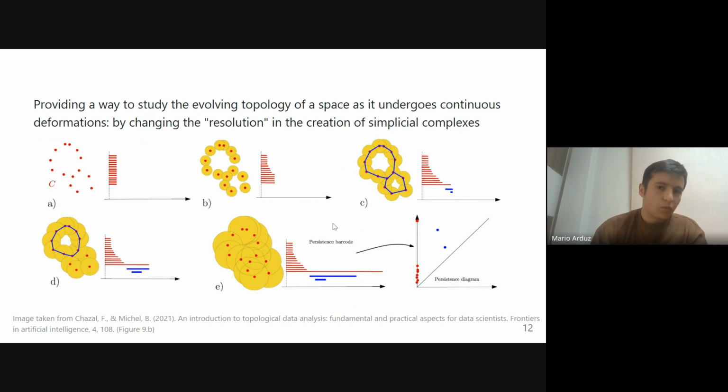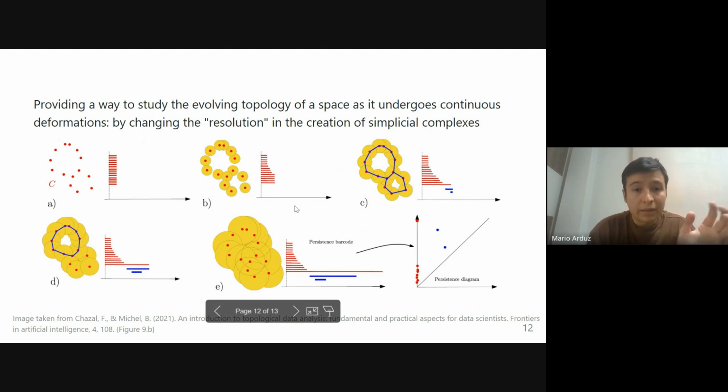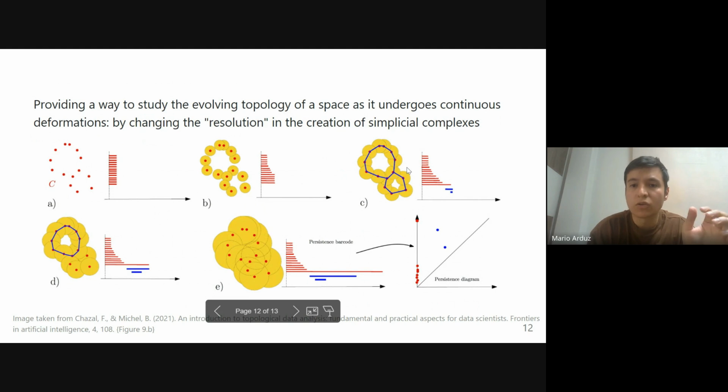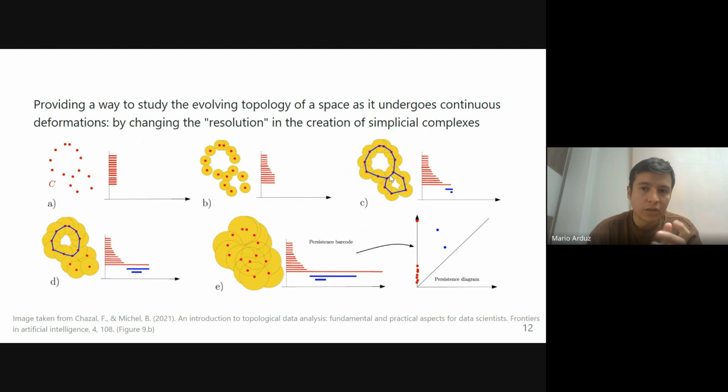So at the beginning, we have the zero-dimensional components that are just the points, but at some definition of the radius, they are going to start to connect. So here we're also going to see the emergence of one-dimensional holes, that they are going to be represented by these Betti numbers 1.